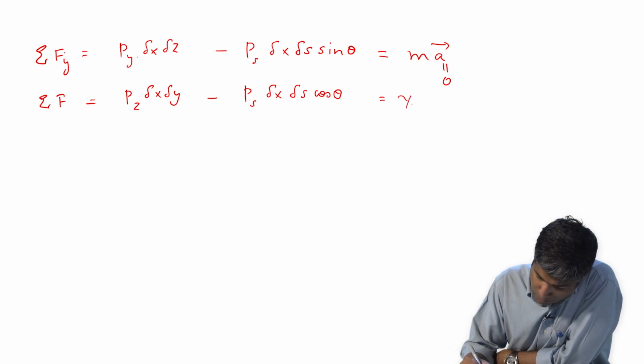That would be gamma delta x delta y delta z by 2, this being the delta V, the volume.